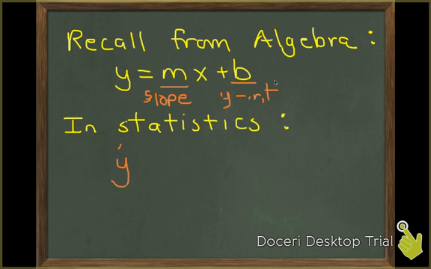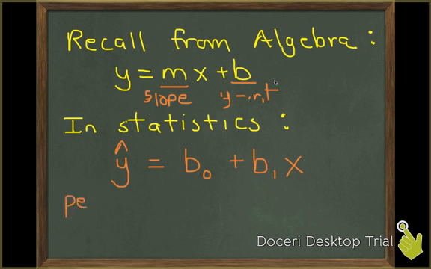We have y hat equals b sub 0 plus b sub 1 times x. The y hat is our predicted value.